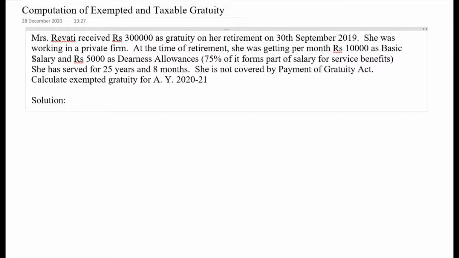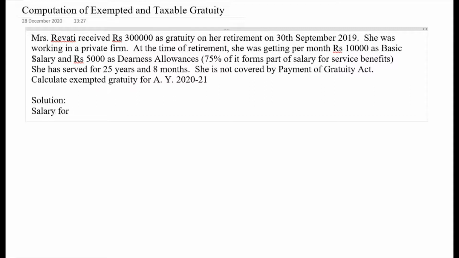When we go through this problem, we can come to know that the assessee is not covered under the Payment of Gratuity Act of 1972. She is working in a private firm, so she is a non-government employee. First we need to find out the salary.